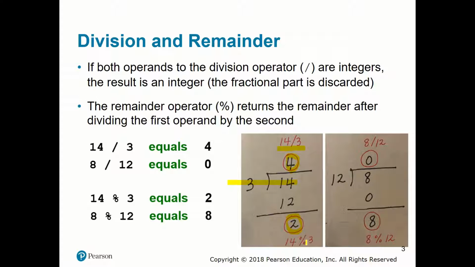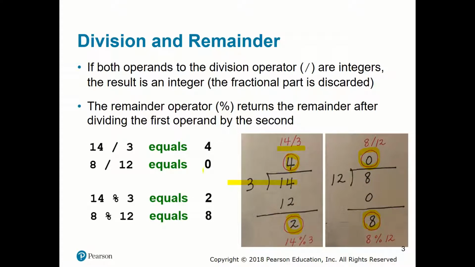Percent is the remainder. So 2 is the remainder of 14 when 14 is divided by 3. And likewise, if we divide 8 by 12, the quotient is 0. And then 8 is the remainder of 8 divided by 12.